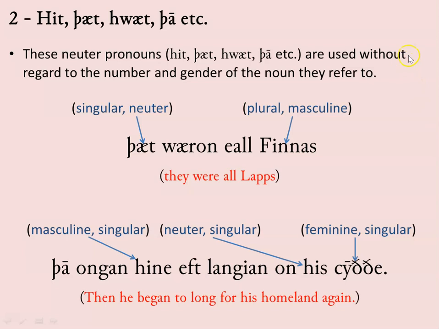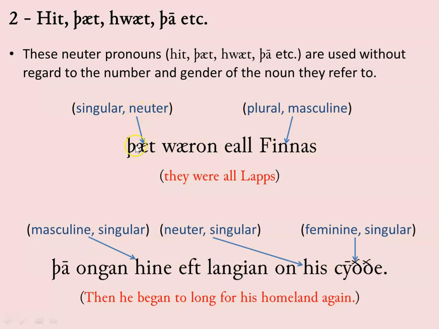All right, now here we come to the neuter pronouns, hit, that, what, tha, etc. The neuter pronouns are used without regard to the number and gender of the noun they refer to. Okay, so if we have a look here, that waren el finnas.